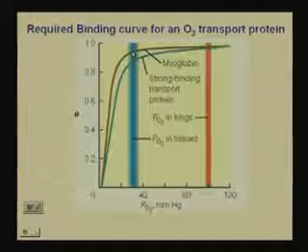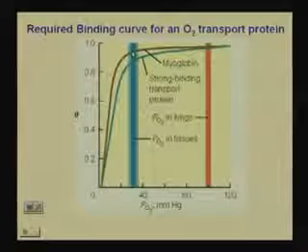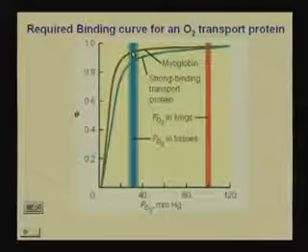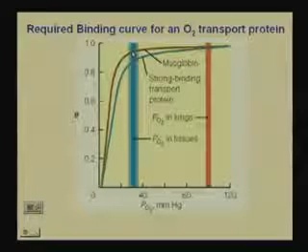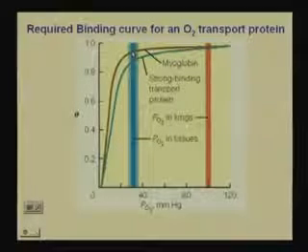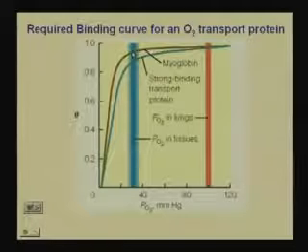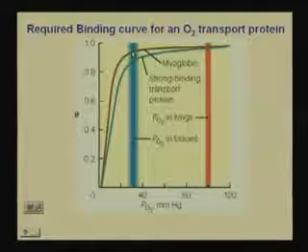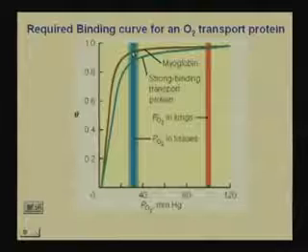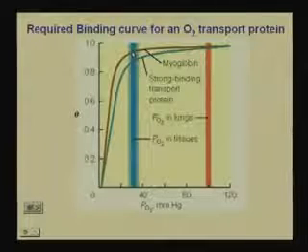right? But if you want a transport protein, what is the transportation supposed to do? It is supposed to take in the oxygen and release it. Is that clear? The hemoglobin has to release the oxygen. If it does not release the oxygen, there is no point in binding it.